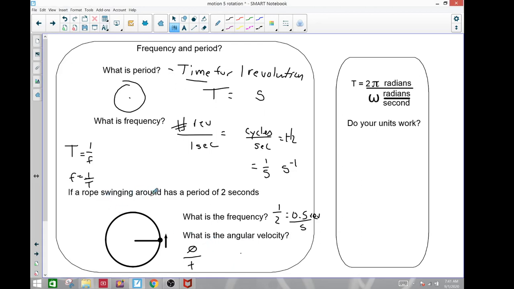The rope swings once around in 2 seconds. How far do we go around? We go 2 pi around. That's once around, and we do it in 2 seconds. And therefore, once again, our angular velocity is pi radians per second.